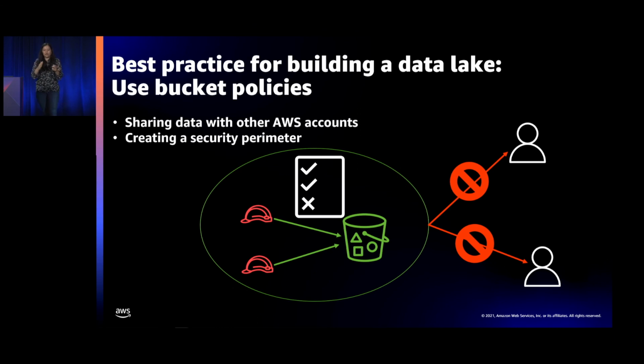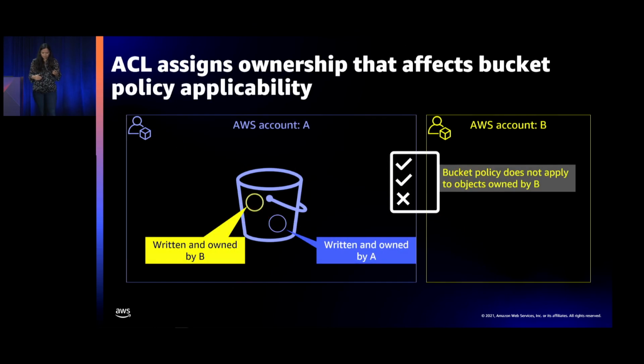You use bucket policies to share data with other AWS accounts and create a security perimeter to deny access to other users. And objects written by an external account are owned by that account, as you can see here. And the result is that the bucket owner A cannot further share that object via a bucket policy with other account users.